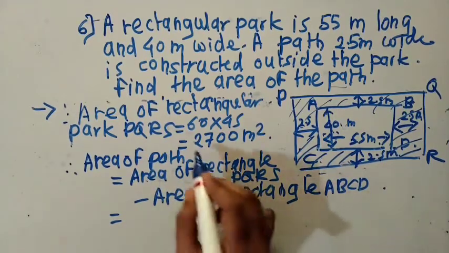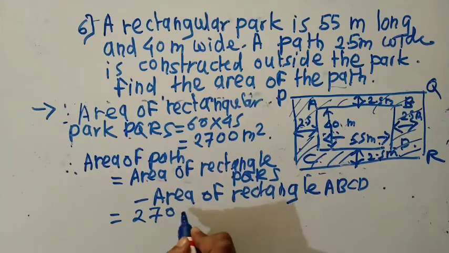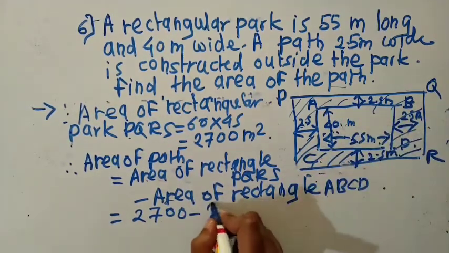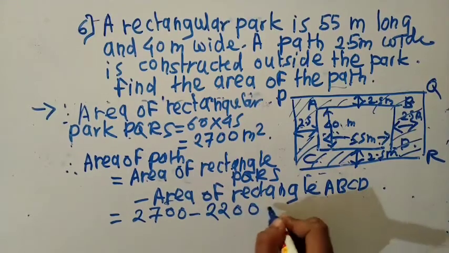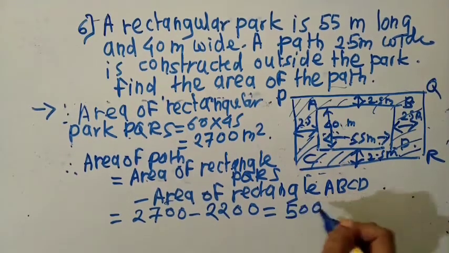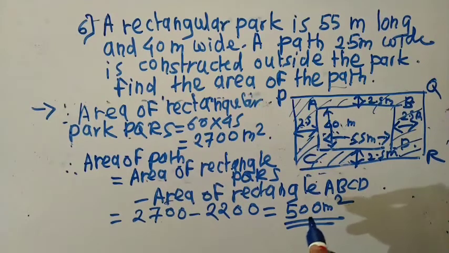Area of rectangle PQRS is 2700 and area of ABCD is 2200, so it is equal to 500 meters square. Hence area of path is 500 meters square.